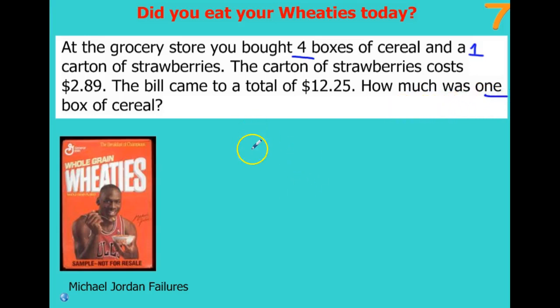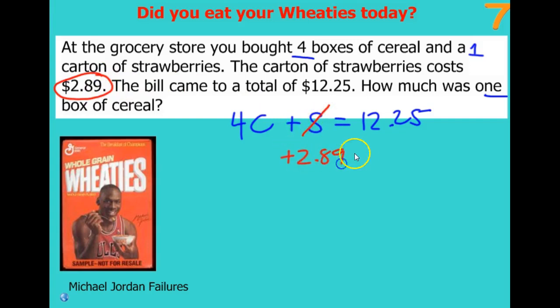First, let's write an equation. I know that the 4 boxes of cereal, plus the strawberries came to a total of $12.25. But it tells us that the strawberries cost $2.89, so I'm just going to put that there instead, plus 2.89.